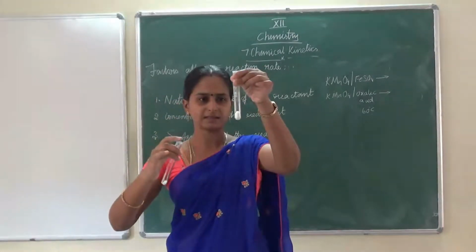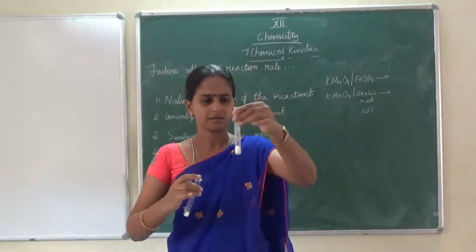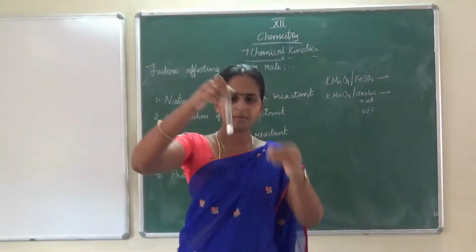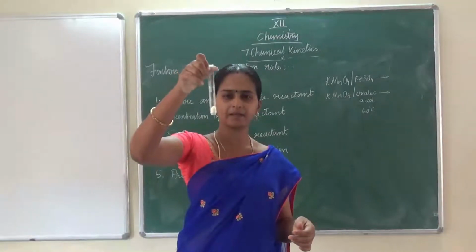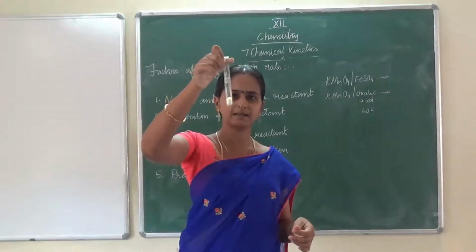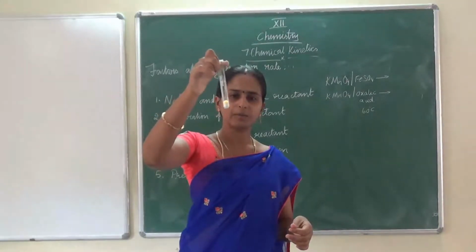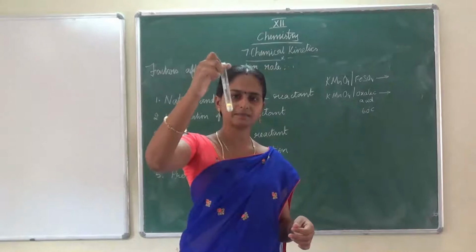See, I have mixed. The color is changing to yellow, but it is taking time. Can you see the yellow color here? It is changing into yellow color, but it is taking time.